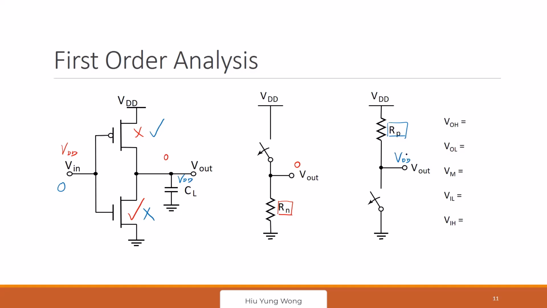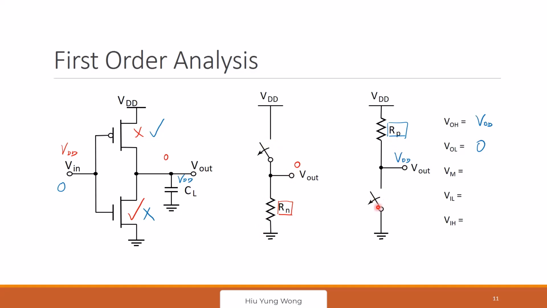So can you tell me, based on this, what is the VOH of this circuit? VDD. What is VOL? Zero. Yes, thank you, because the lowest we can go is when this is off, they will all discharge to 0.